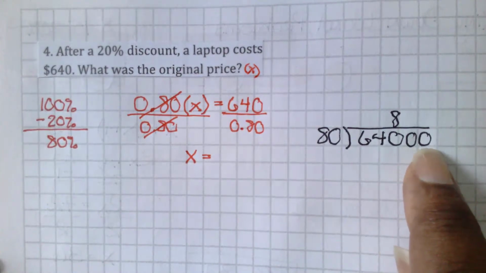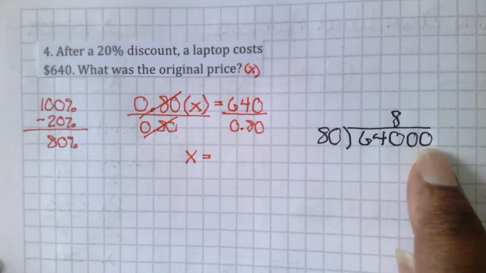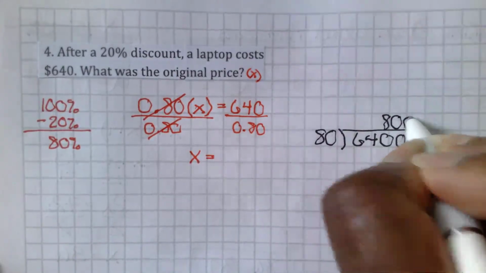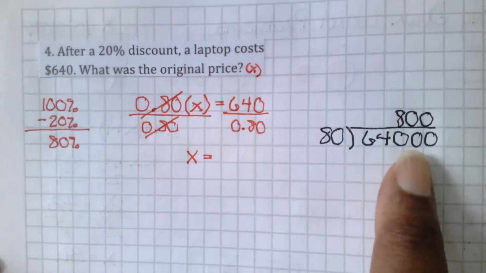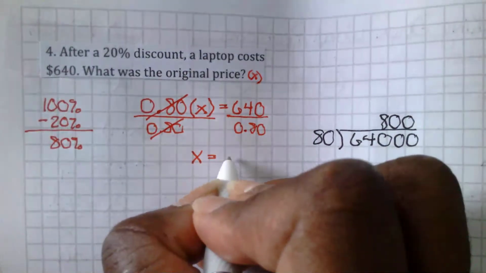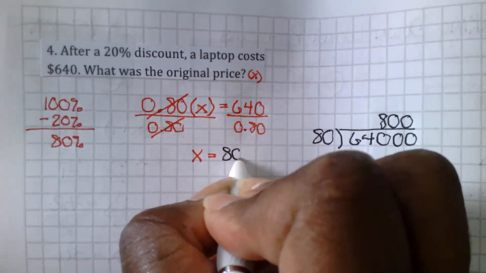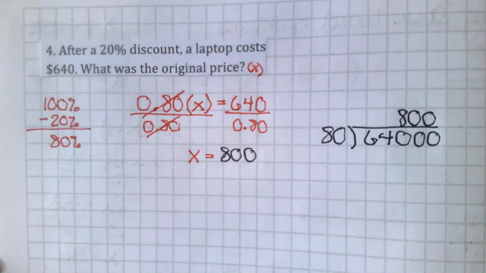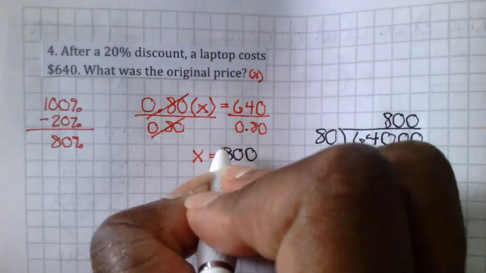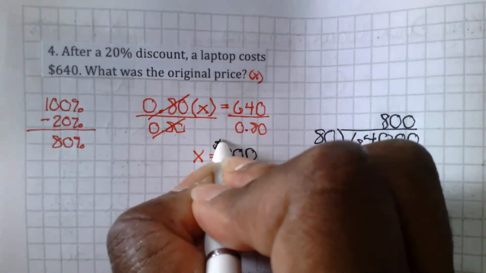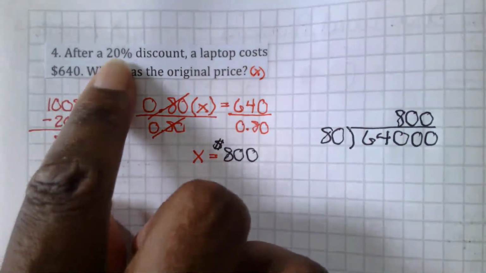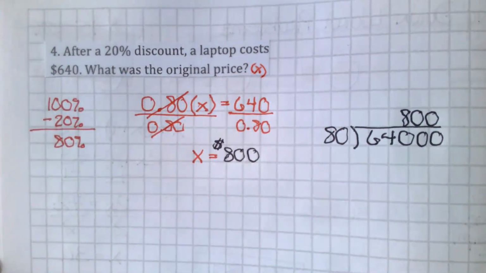And now we have these 2 extra zeros that we need to apply. 1, 2. So that's telling me that X is equal to 800. What does that mean? That means this was the original price of that laptop before the 20% discount.